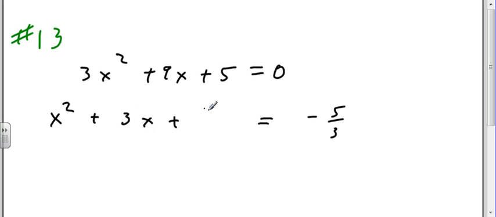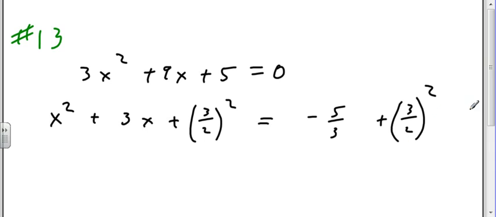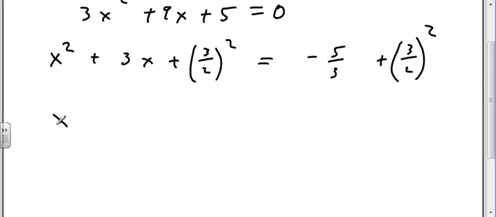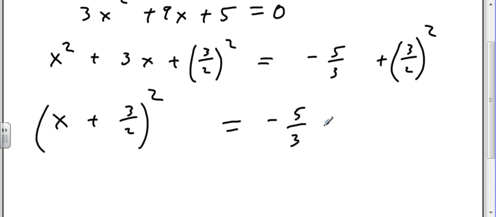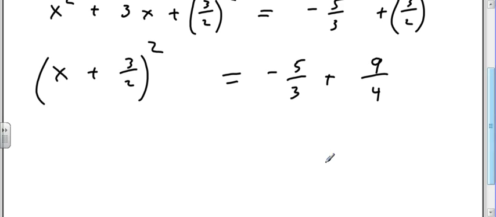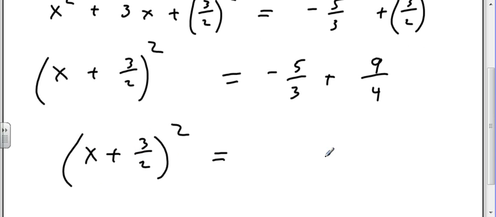Half of that is 3 over 2 squared. I'm going to add 3 over 2 squared to the other side. This becomes x plus 3 over 2 quantity squared is equal to minus 5 over 3 plus 9 over 4. Well, that's a positive number. We've got x plus 3 over 2 squared equal, my common denominator is 12.